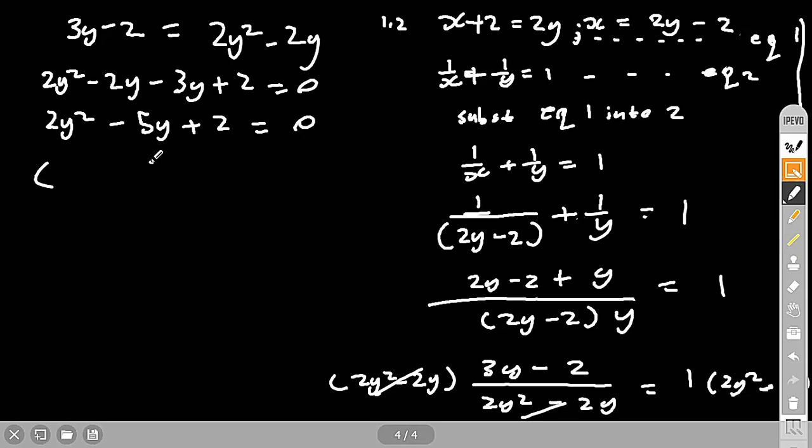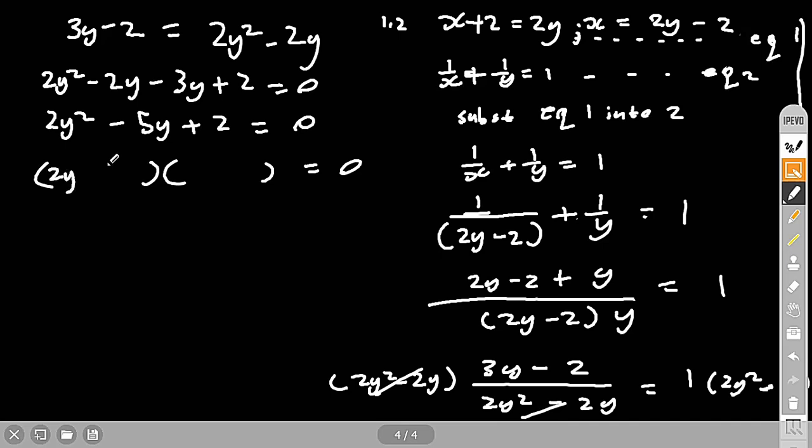But it doesn't always happen to all the sums, but in this one it's possible. Just need the factors of 2. And someone can say to me, so the factors of 2, how come they can give me negative 5? But the trick is on the value of y squared, which is 2.